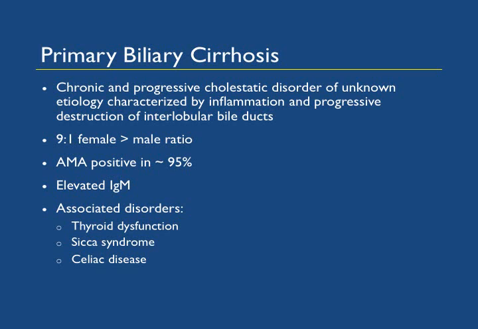It has a female-to-male ratio of 9:1, and the anti-mitochondrial antibody is positive in approximately 95% of patients with primary biliary cirrhosis. Patients also may exhibit hypergammaglobulinemia with the IgM fraction predominant. And over 50% of patients with primary biliary cirrhosis will have associated autoimmune disorders, including thyroid dysfunction, usually presenting with hypothyroidism, Sjogren's syndrome, presenting with dry eyes and dry mouth, and celiac disease.